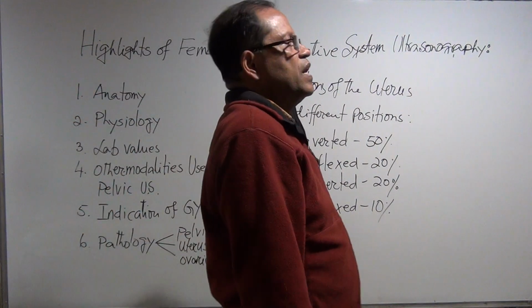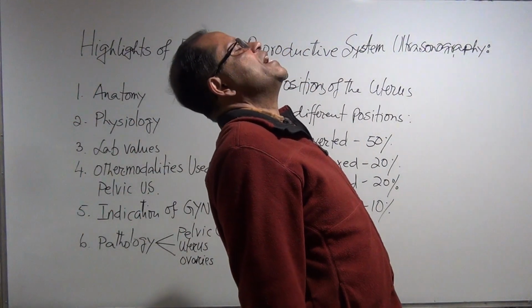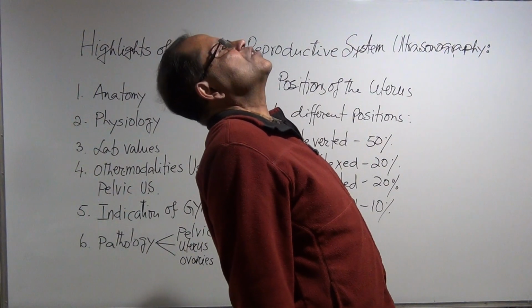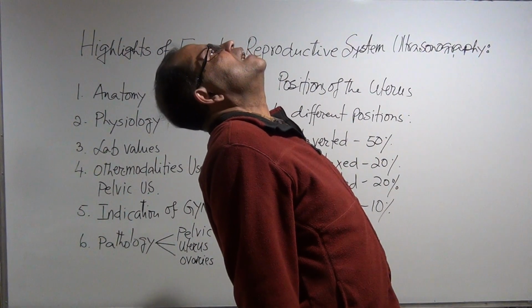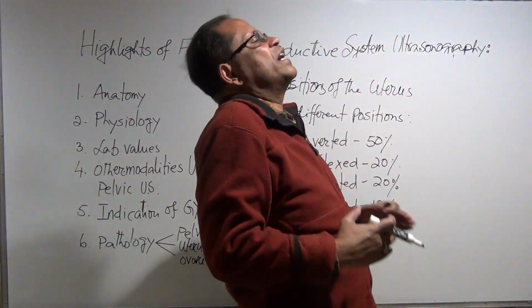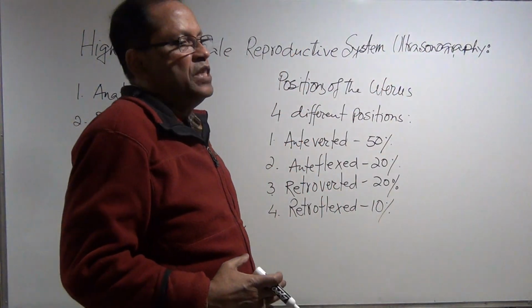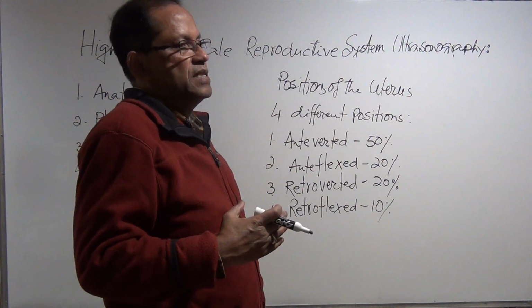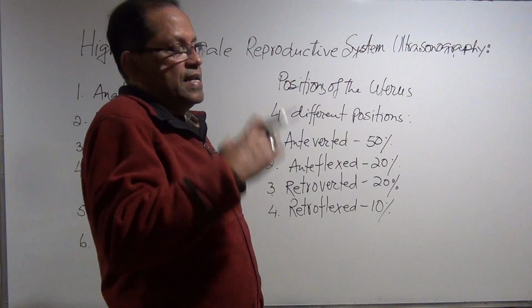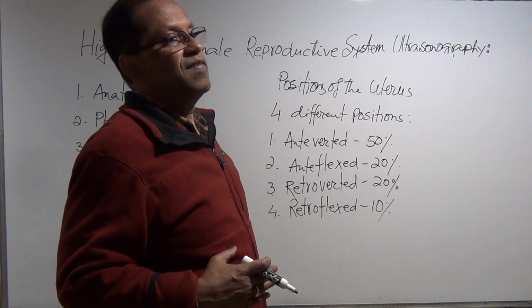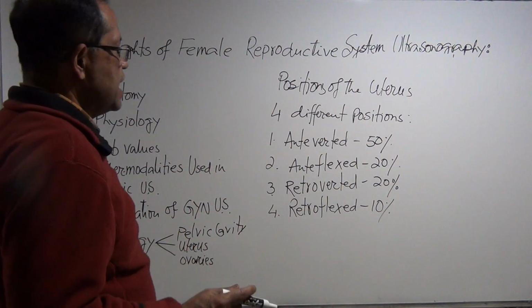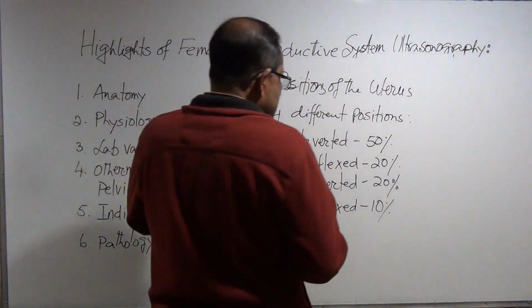Same thing, if my body and fundus is going towards the rectum, that is retroverted, and if it is folded at the isthmus, the body and fundus at 90-degree, that is retroflexed. Okay, so now I will draw the diagram to make it easy for you.